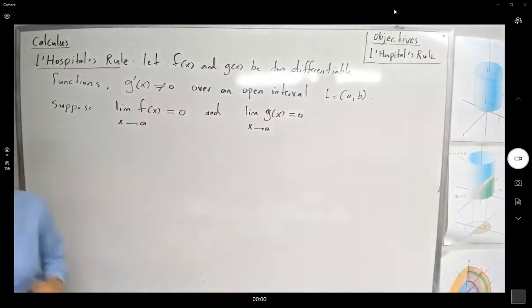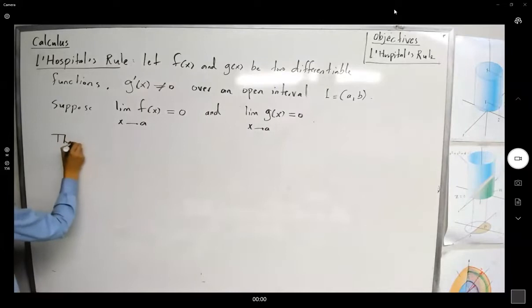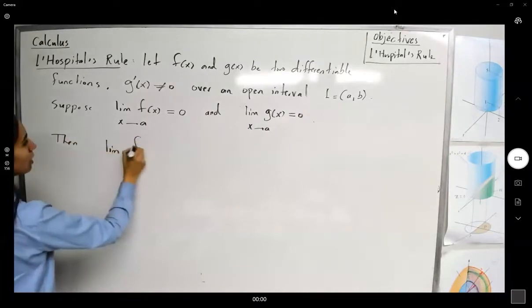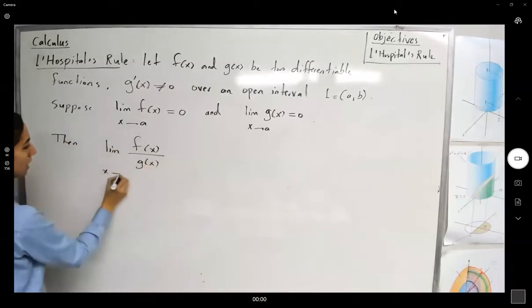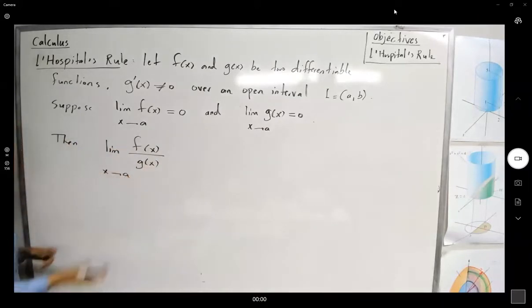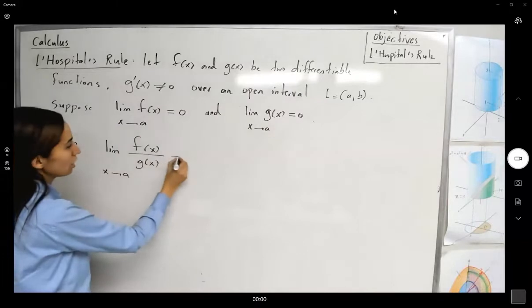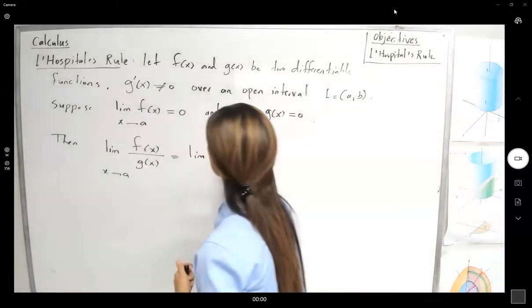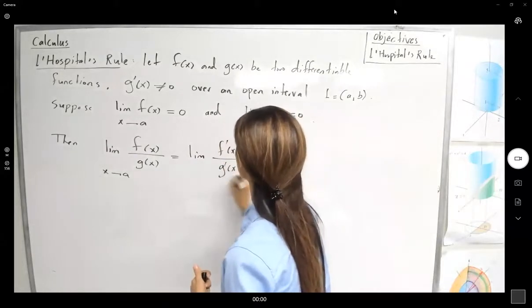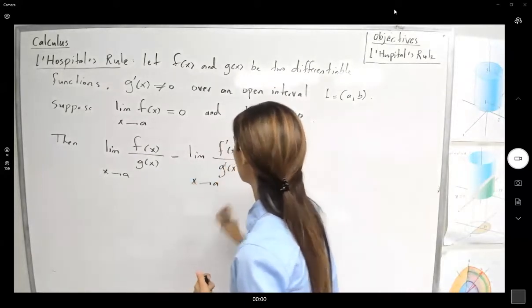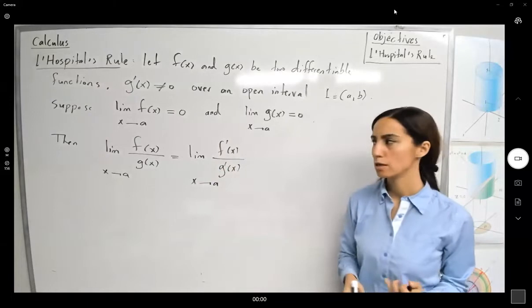Well, we can write down the second case down here. Then the limit of f of x divided by g of x as x approaches a is equal to the limit of the derivative of f over the derivative of g as x approaches a.